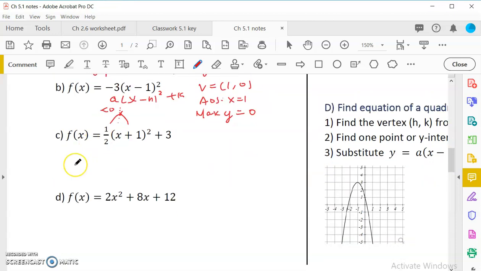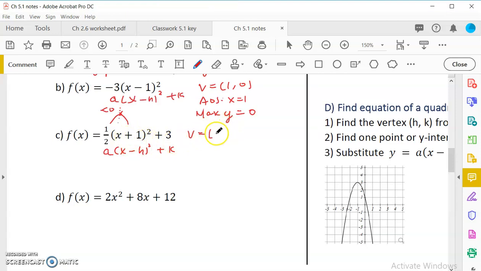Third example, c. I have another parabola, 1/2 (x plus 2) squared plus 3. Now this is not linear because there is a square over this term. So it looks like the vertex form again, (x minus h) squared plus k. It matches exactly. So my h, the vertex is what? It's not 1 because this is a plus.